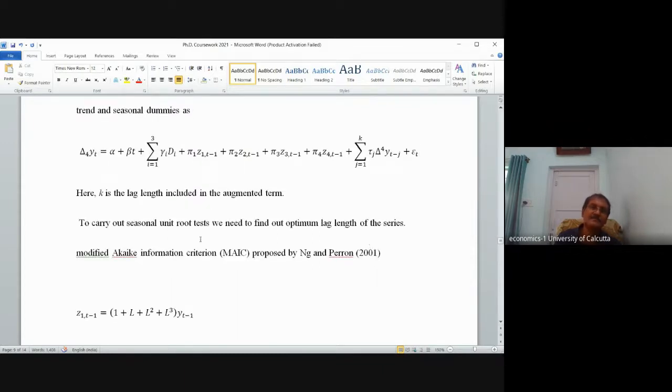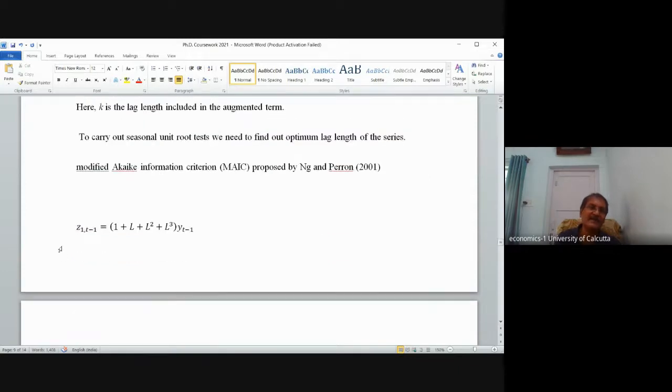Now you need to define what is Z1, what is Z2, what is Z3, because your series is Y_t, not Z. So how do you define Z1? How do you define Z2? In the case of quarterly data, Z1 is defined as this.